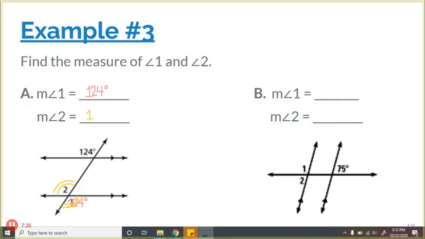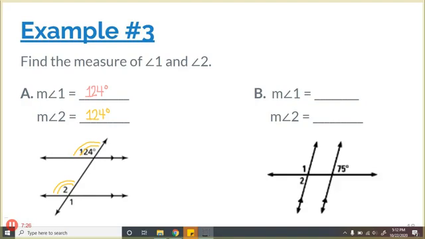So that means angle 2 is also 124 degrees. However, if you don't remember about vertical angles, we do know that my 124 degree angle and angle 2 are corresponding angles. And that was our first postulate, which said corresponding angles are congruent. So you can also do it that way.